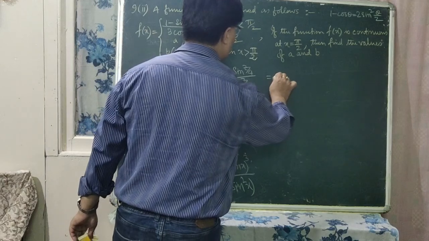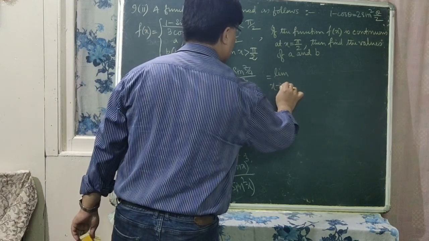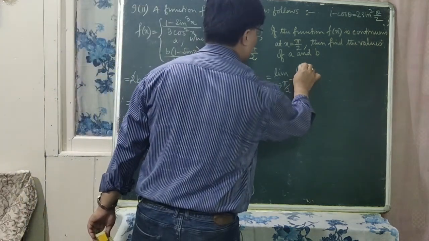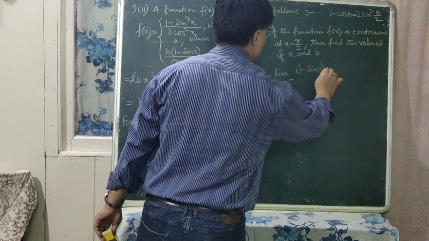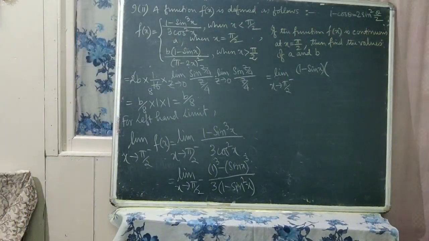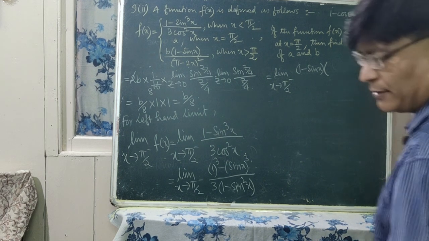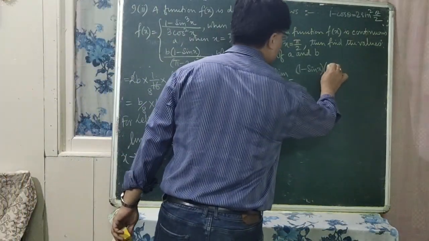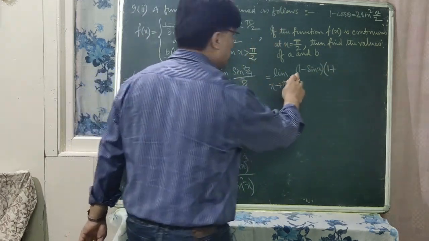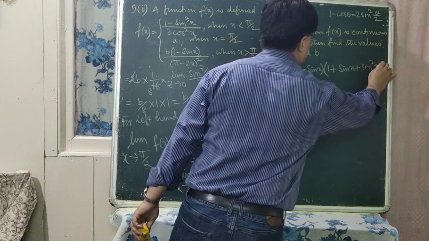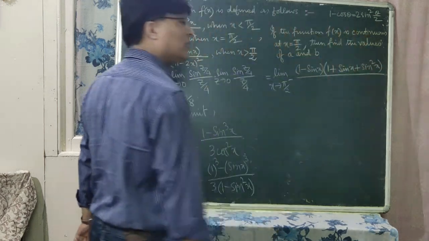So which is equal to limit x tends to pi by 2 minus, what is a cube minus b cube? That is a minus b into a square plus ab plus b square, isn't it? What is a square plus ab plus b square? So you can write here a square. A square is 1 plus ab. Ab means 1 into sine x. That is sine x plus what is b whole square? That is your sine square x, whole divided by.